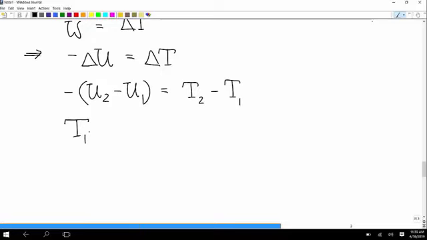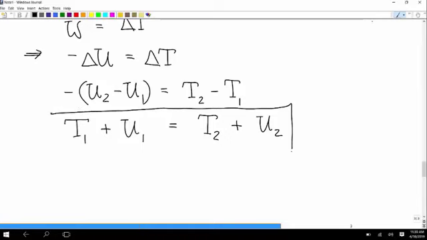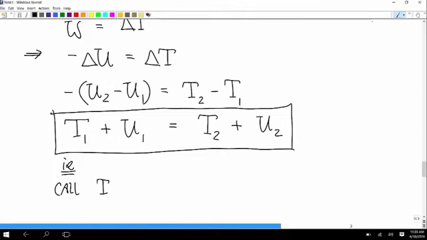The kinetic energy at instant 1 plus the potential energy at instant 1 is equal to the kinetic energy at instant 2 plus the potential energy at instant 2. And that's just so easy to calculate if you have those potential energy functions. So in words, this says call the kinetic energy plus the potential energy mechanical energy.